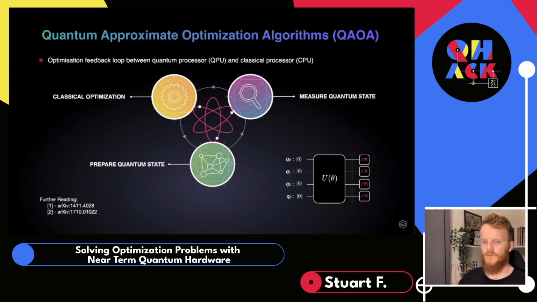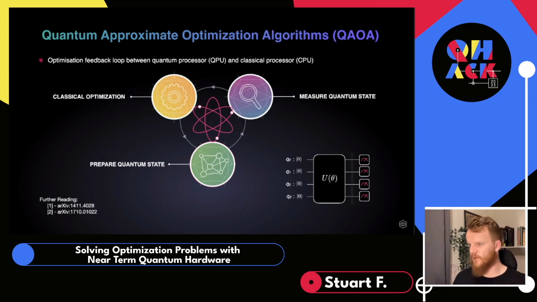This process is trying to find the optimal values for these theta coefficients such that we find the lowest possible cost function, which gives us the solution to the QUBO. So there's this quantum classical feedback loop, which is why these variational algorithms are usually referred to as quantum classical hybrid algorithms. Okay, that's all I really wanted to get into at the moment.